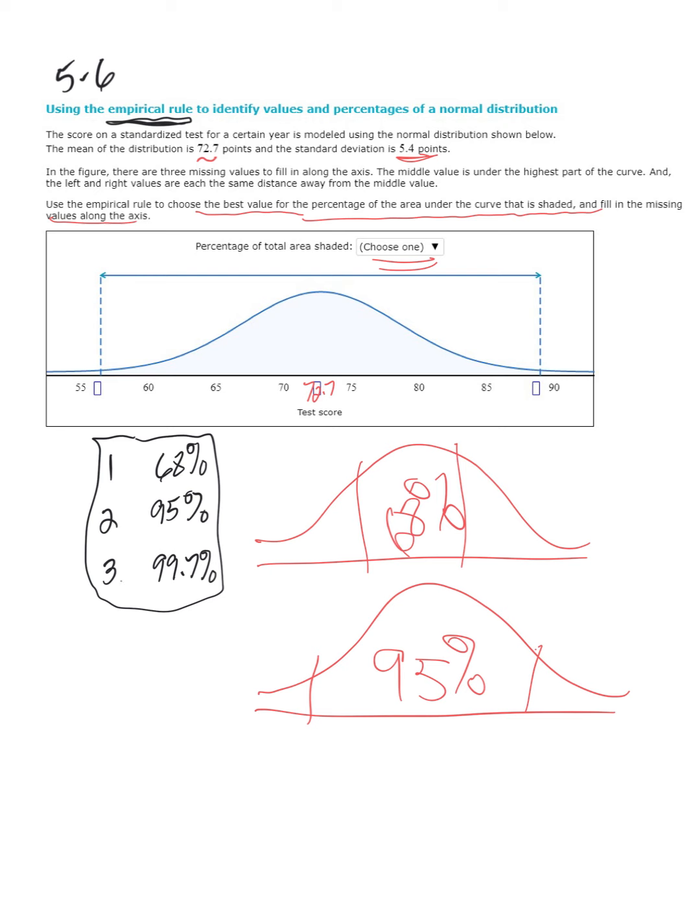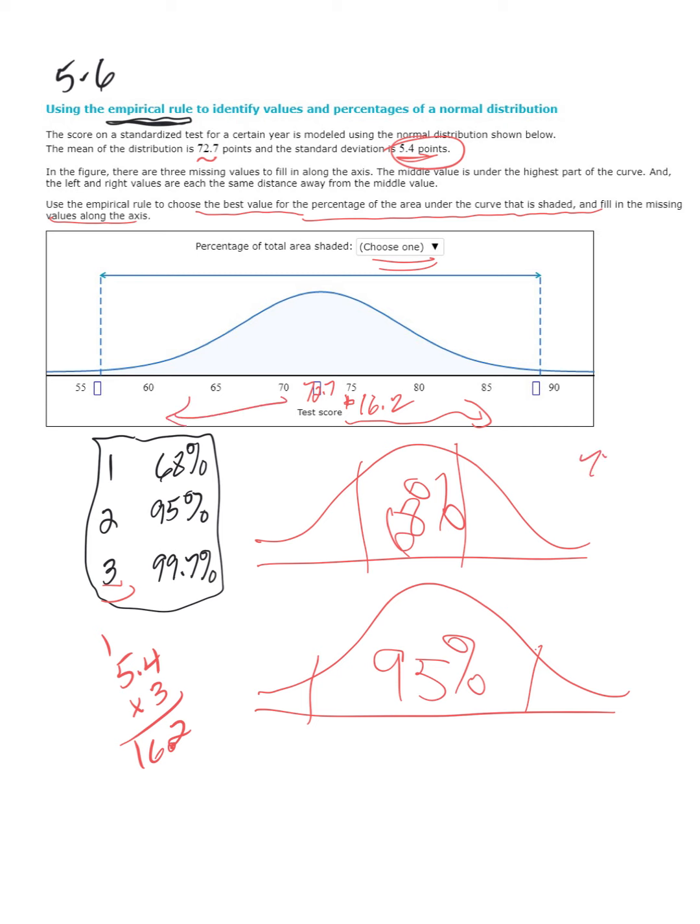That means 3 standard deviations. So I'm going to say my standard deviation, which is 5.4, multiply that times 3, get 16.2. And I'm going to take that and add it to my mean, and I'm also going to subtract it from the mean to go that way.